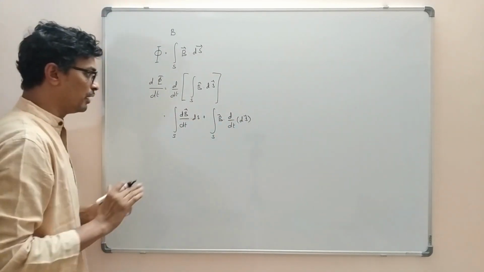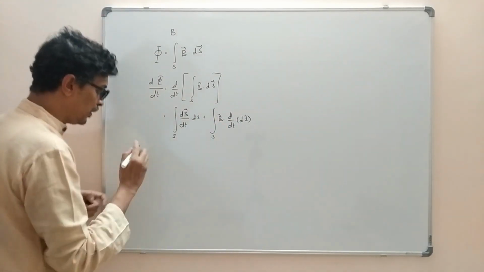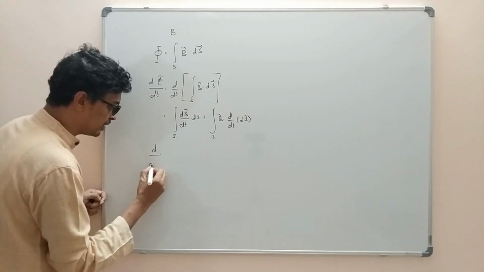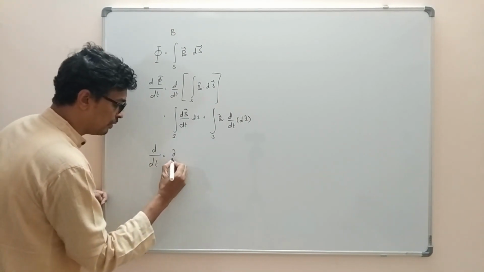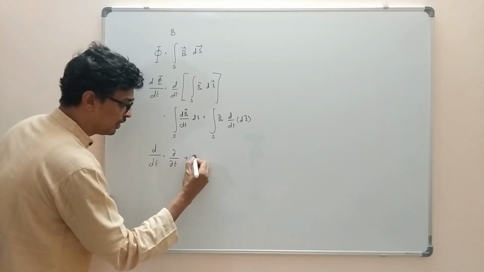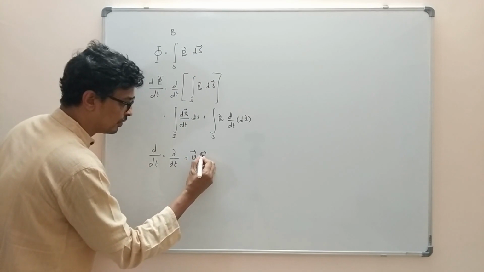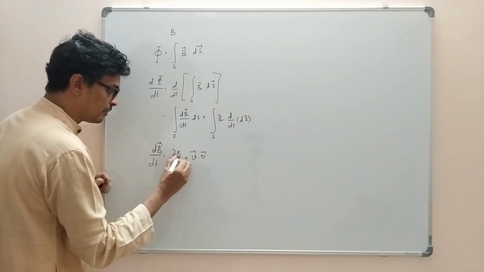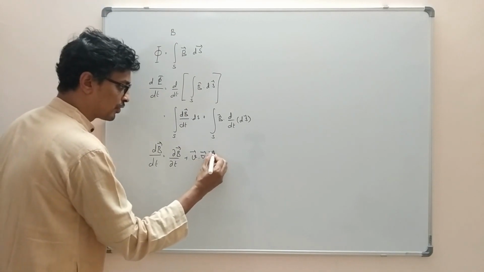So this describes the evolution of the surface. Now we know the material derivative d by dt is equal to del by del t plus v dot del. Therefore, dB by dt I can write as del B by del t plus v dot del B.